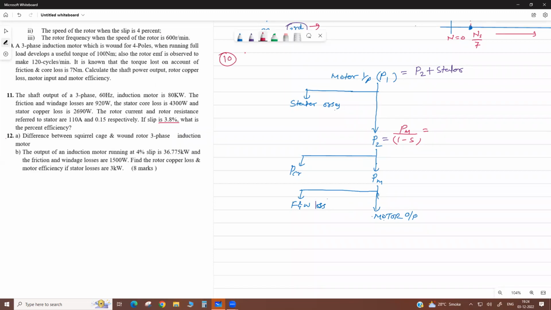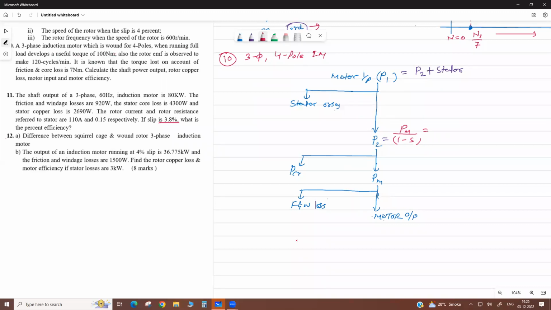A three-phase, four-pole induction motor. Actually, here frequency is not given, so you have to assume frequency. Now he said that when it's running at full load, it develops a full torque.